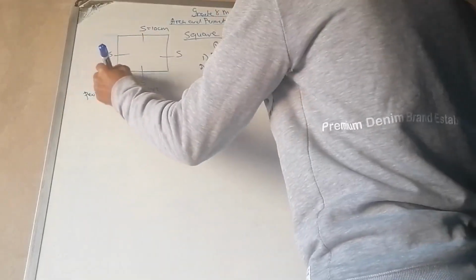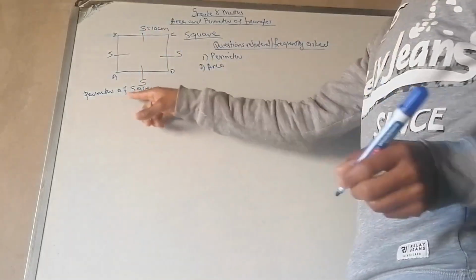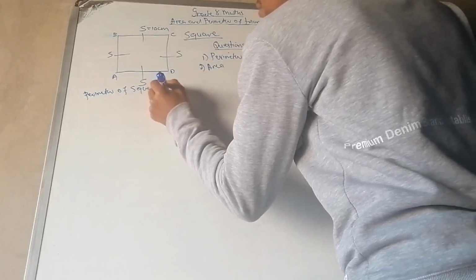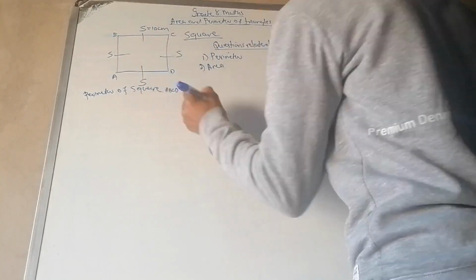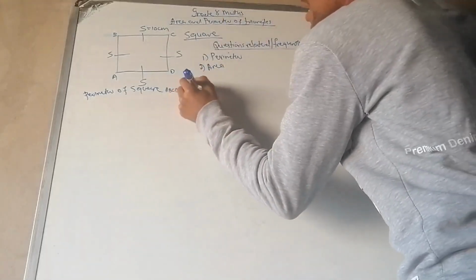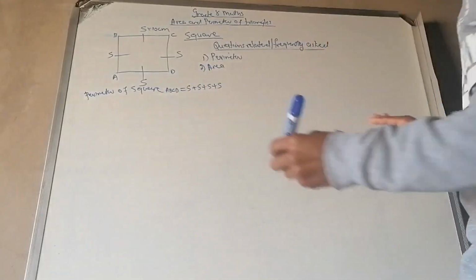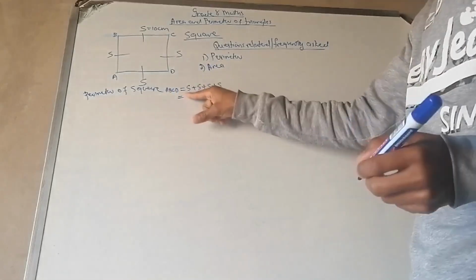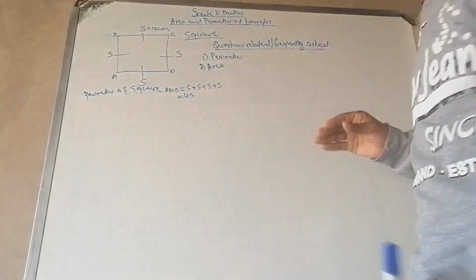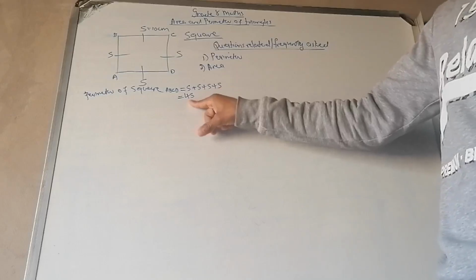Suppose this is the square ABCD. So the perimeter of ABCD is given by what now? Sum of all the sides. Side plus side plus side plus side equals, again, side plus side plus side plus side, 4S. Because 1 plus 1 plus 1 plus 1, you have 4S.